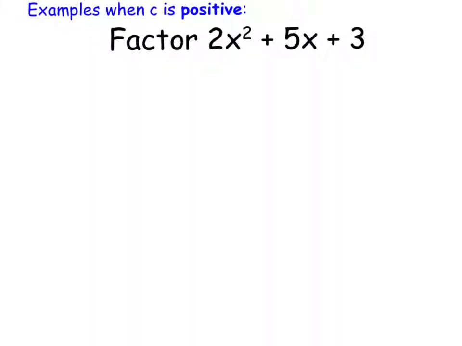All right, we're going to do another example, and remember, what we're doing is basically FOIL or working backwards to find out what our two parentheses are that make, when we multiply, this addition problem.